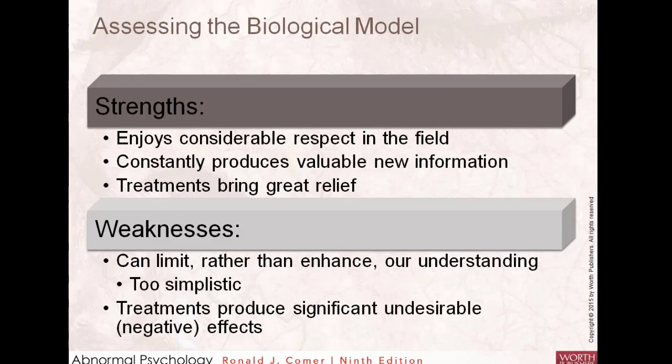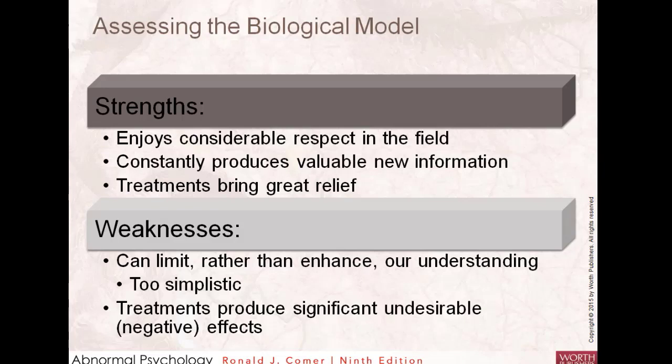So there are a lot of research studies about brain anatomy, brain chemistry related to psychological problems. And the treatments can be very helpful. Even electroconvulsive therapy sounds very negative, but it can be very helpful for people who have not achieved any benefits from other treatments. But a lot of people have been helped by medications. People have been able to kind of get back to a normal level of functioning.